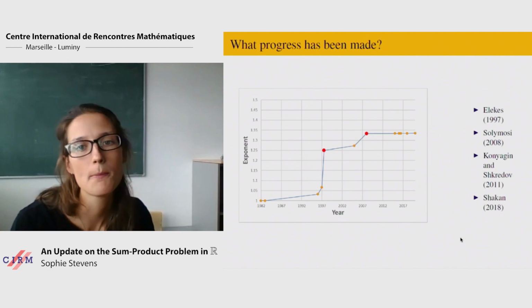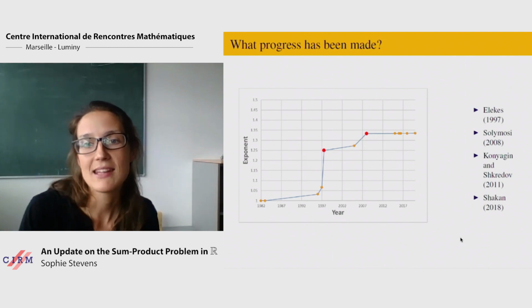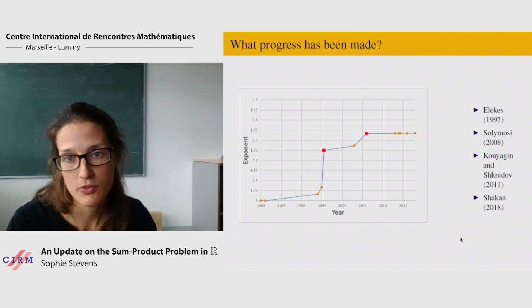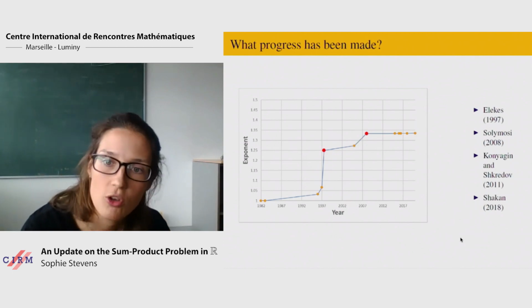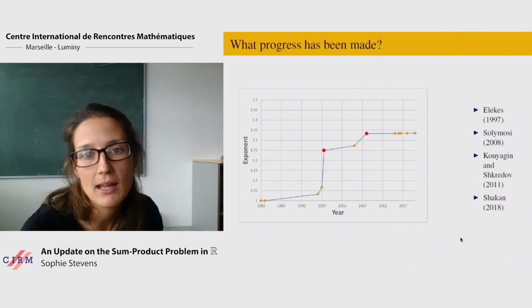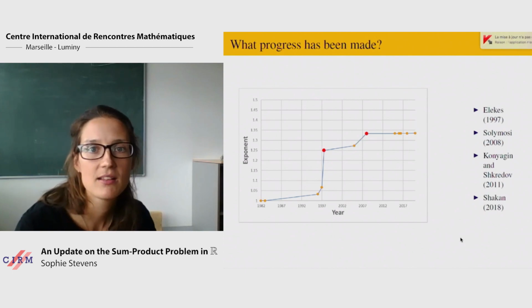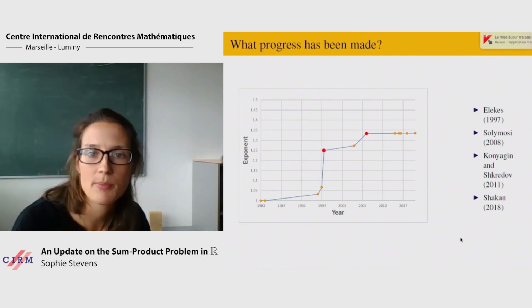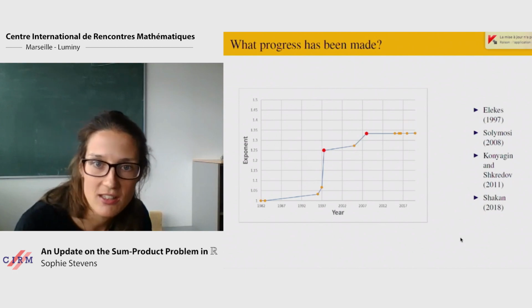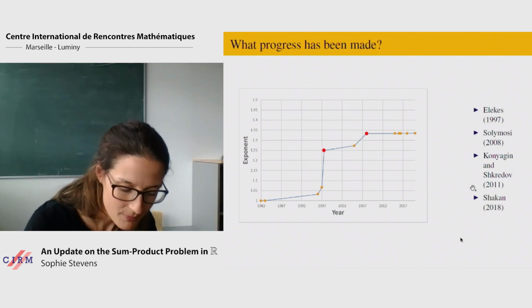That's not to say it's not complicated, but it really gets into the heart of what Konyagin and Shkredov have done. So Konyagin and Shkredov use many tools, a lot of powerful machinery, whereas Misha and I were able to strip away many layers of complication and really get to the heart of their argument. All right.